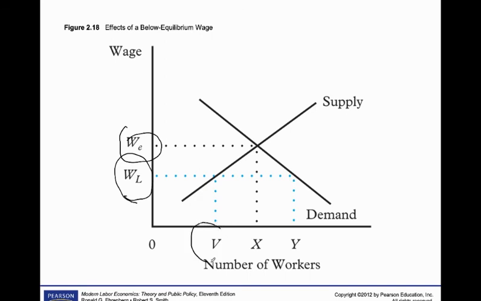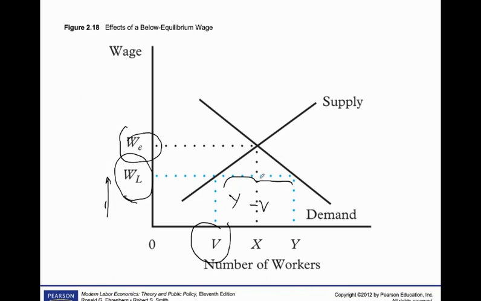Therefore, there are only V level of labor offered by the households. And as a consequence of Y minus V, we will have a shortage of workers in this case. Again, if the market is flexible, the adjustment will push the wage rate higher so that we can get back to the equilibrium wage rate.